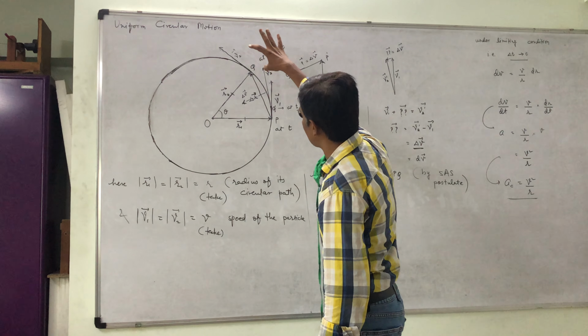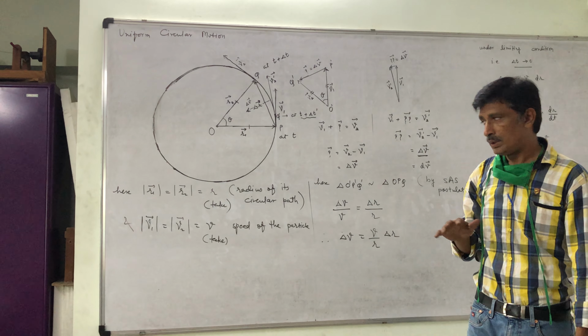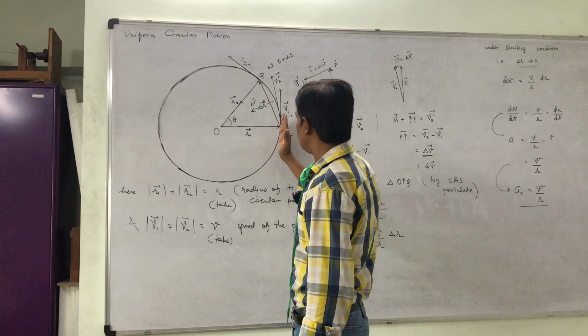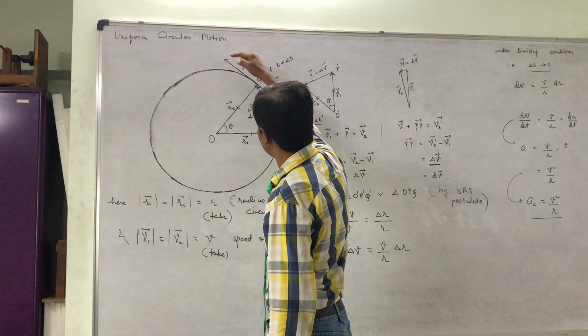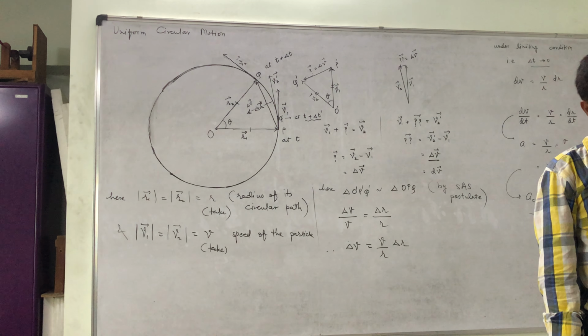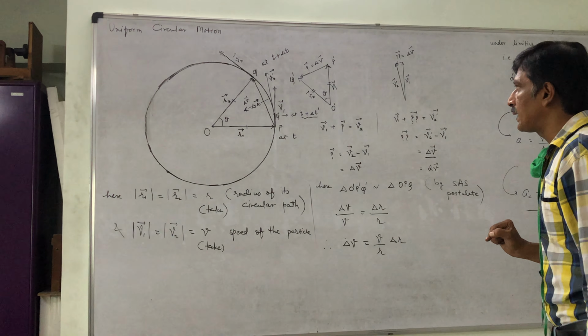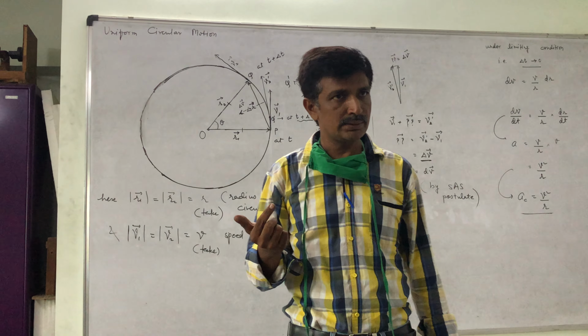These two vectors have the same length because the speed is constant. But at time t the velocity is in this direction, and at time t plus delta t it is in this direction. So the direction changes, and accelerated motion is there because the velocity changes.